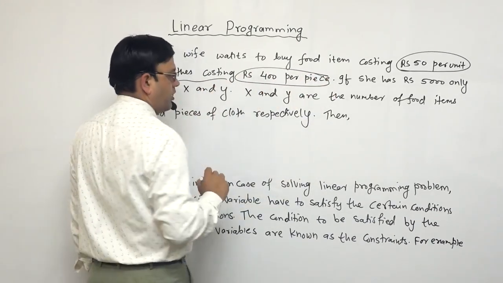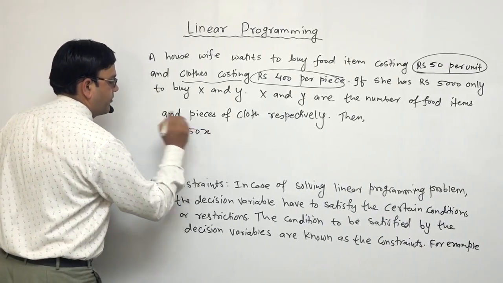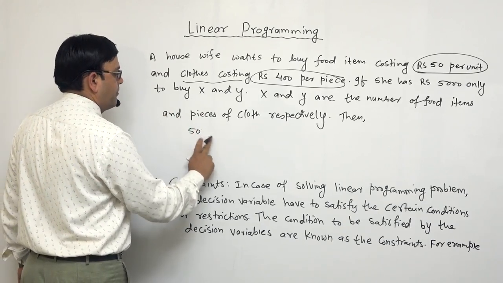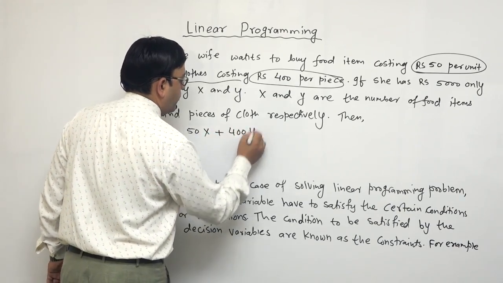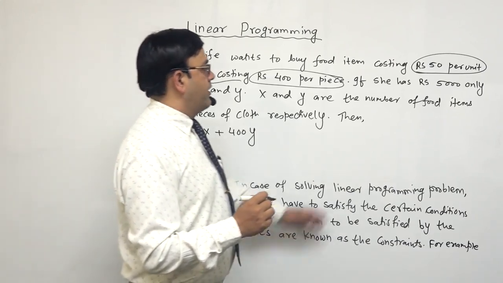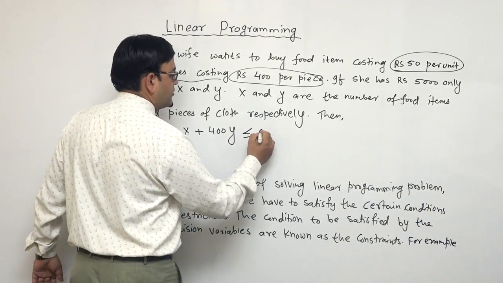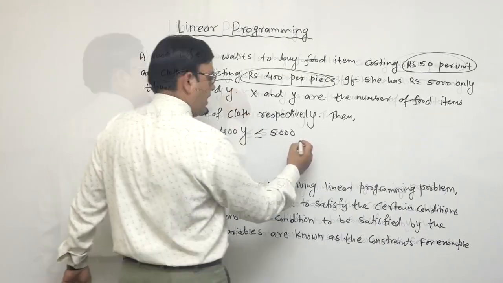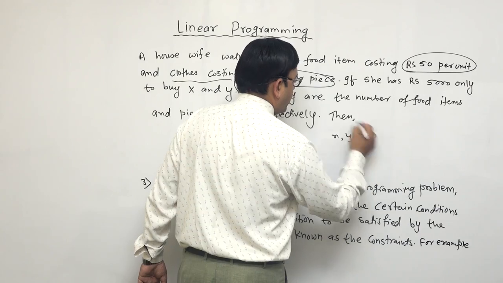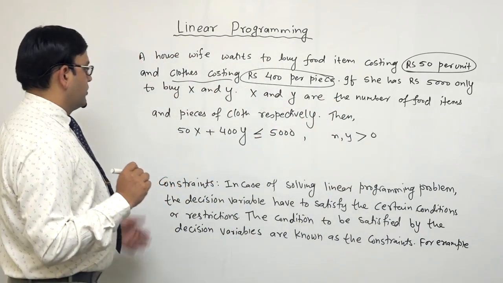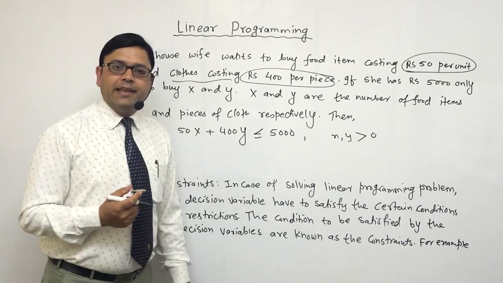So we have to write 50x plus 400y, and she has Rs 5000 only. So this is less than or equal to 5000, and x, y are greater than or equal to 0. So this is the condition to solve this question in linear programming.